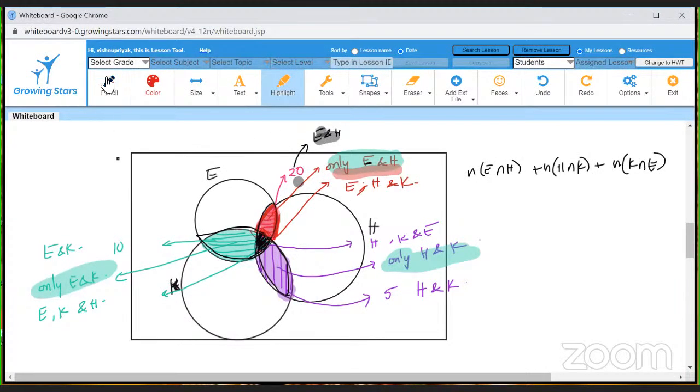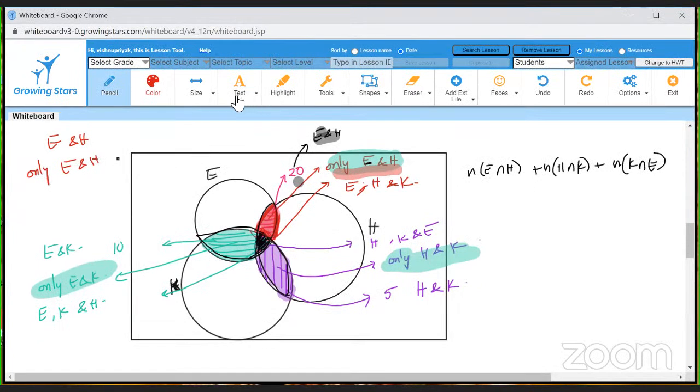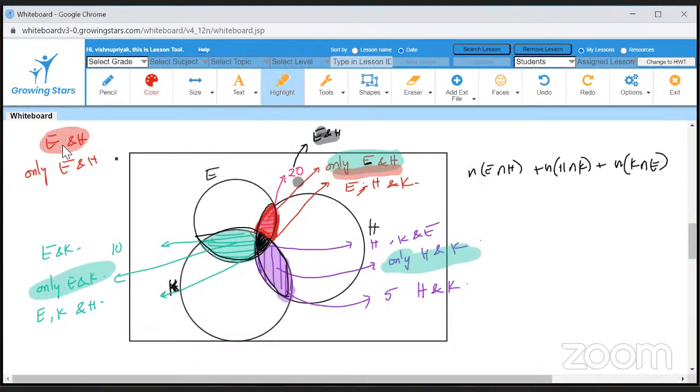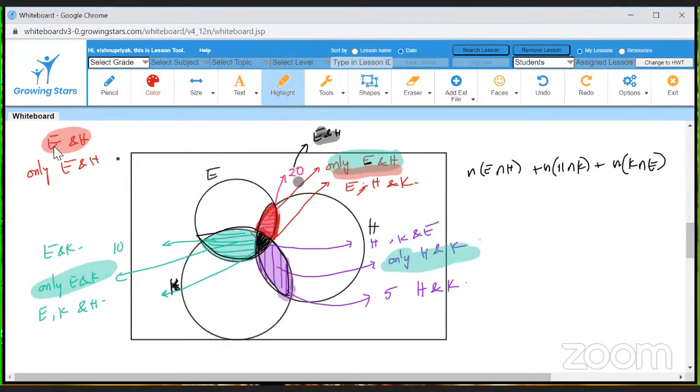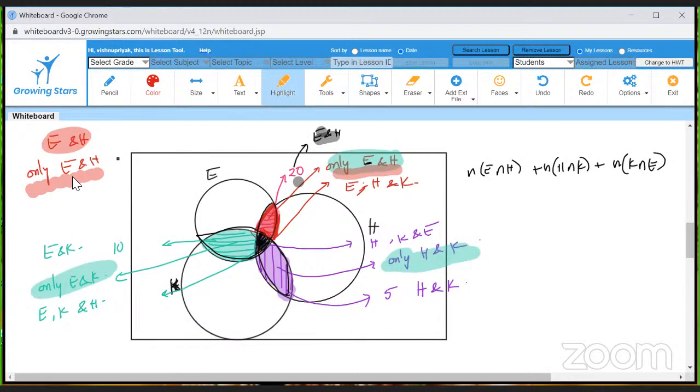There is a difference between English and Hindi and only English and Hindi. Because when I say English and Hindi, along with English and Hindi, they can speak some other language also. Kannada, Malayalam, Tamil, anything they can speak. But when I say only English and Hindi, apart from English and Hindi, no other language. That is the difference.